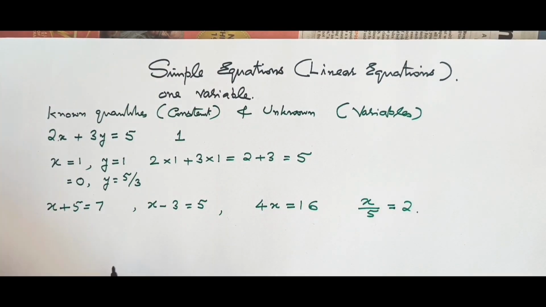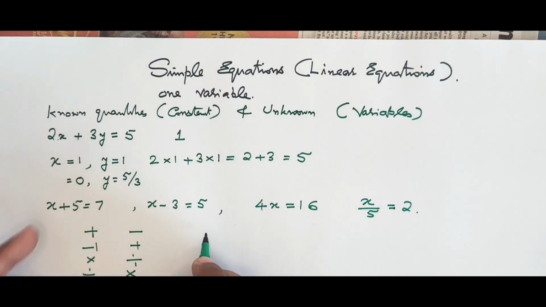The point I would like to discuss with you: while solving an equation, you take algebraic expressions or numbers from one side to the other. For example, if you have a number with a plus sign on the left side, when taken to the right side, it becomes minus. Similarly, minus will become plus, multiplication becomes division, and division becomes multiplication when the numbers change from one side to the other.